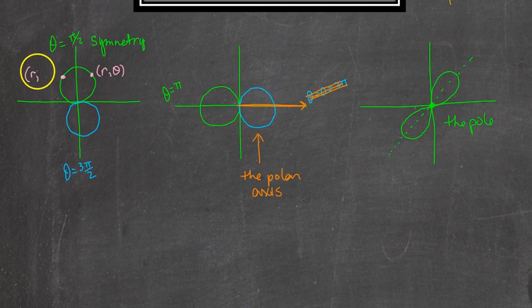Theta is on the opposite side, so we'll use the reference angle from the x-axis and say that theta is pi minus theta. So if the point (r, theta) is on your graph, then you know you have symmetry across the line theta equals pi over 2 if you also have the point (r, pi minus theta).